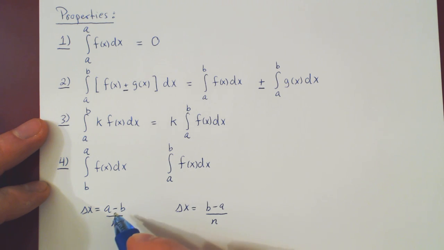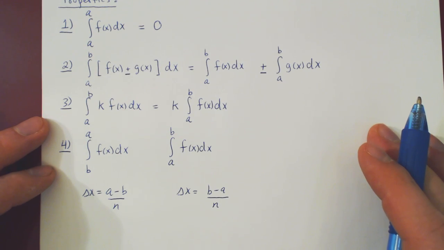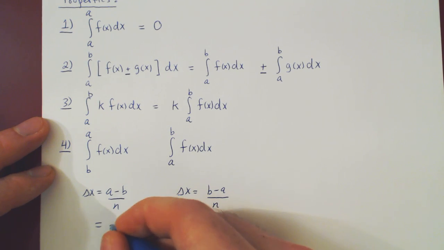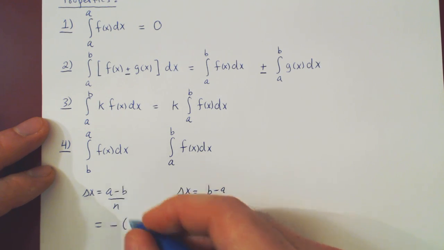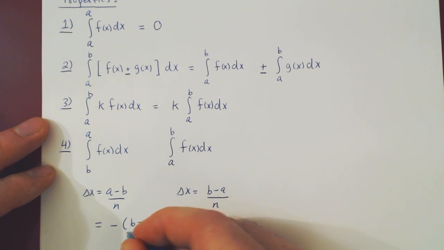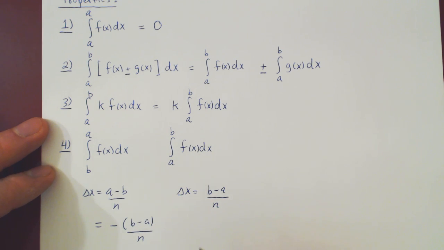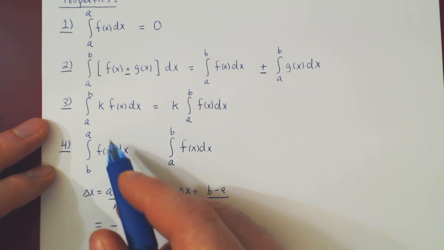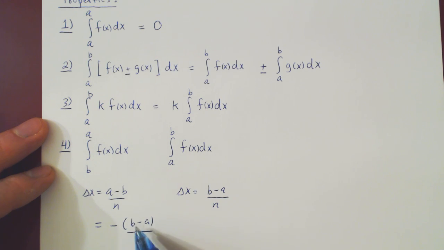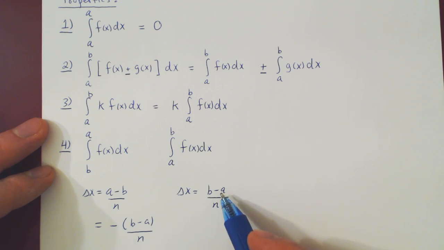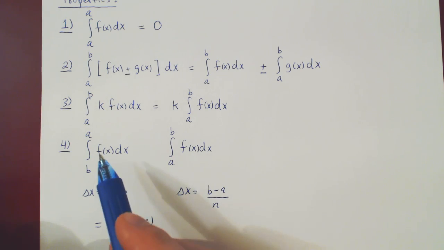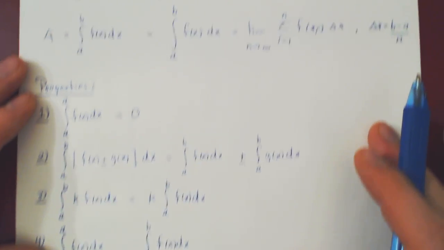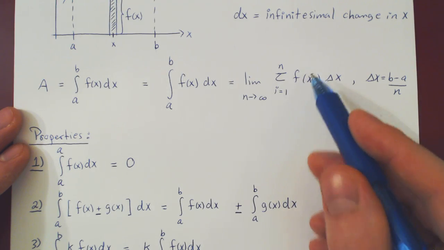And if you ask, well, what's the relationship between this one and this one? Well, factor a negative from this one. What do you obtain? You get negative of (b minus a) over n. So you see the delta x in this case is the negative of the delta x in this case. And that's all that changes. As the function is the same in both cases, f of xi will be the same.